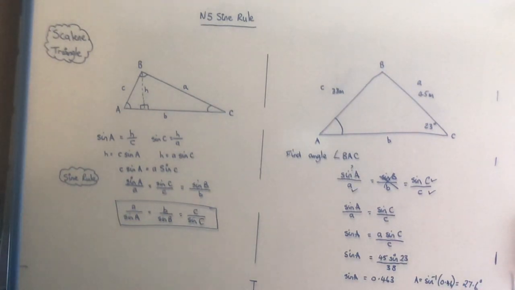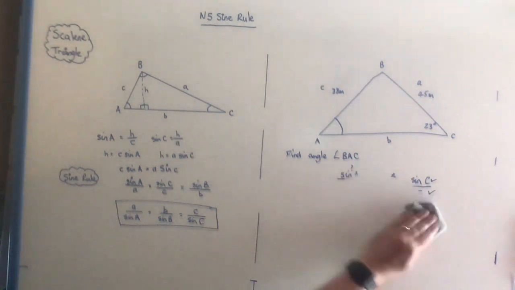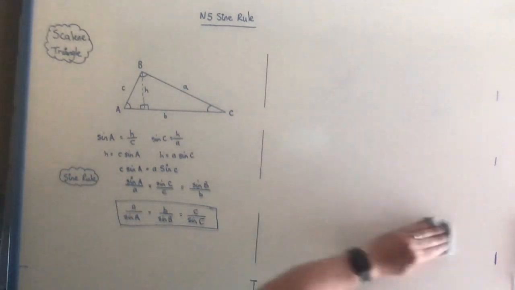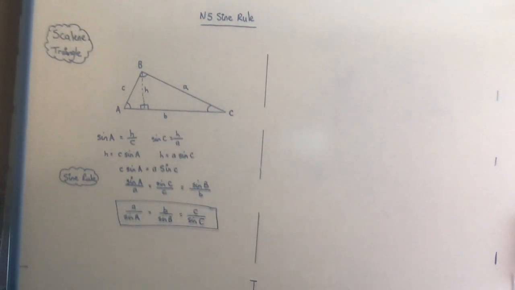Okay, so I've showed you how to find the length of one of them, I've showed you how to find an angle. Now again, a very basic question. Questions in National 5 are usually a bit harder, and I'm going to do a question that's a bit harder, a past paper question, where it involves SOHCAHTOA as well as the Sine Rule.